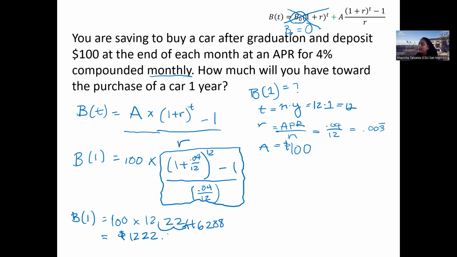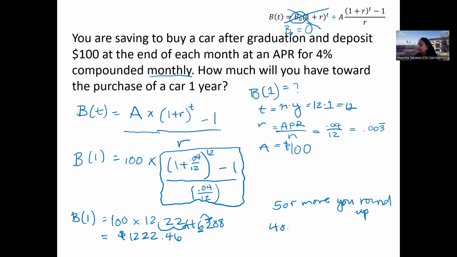So that should be $1,222 and 46 cents. We always want to go up to the second decimal place. And again, for rounding, if you want to round to the second decimal place, you have to look at the third one. And remember, if it's 5 or more, you round up 1.